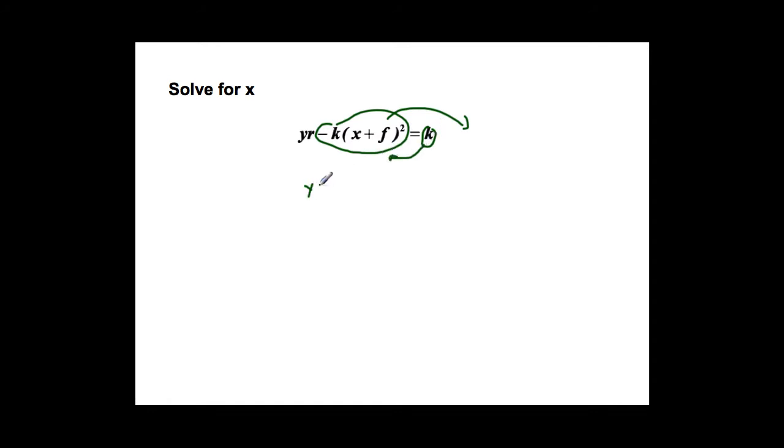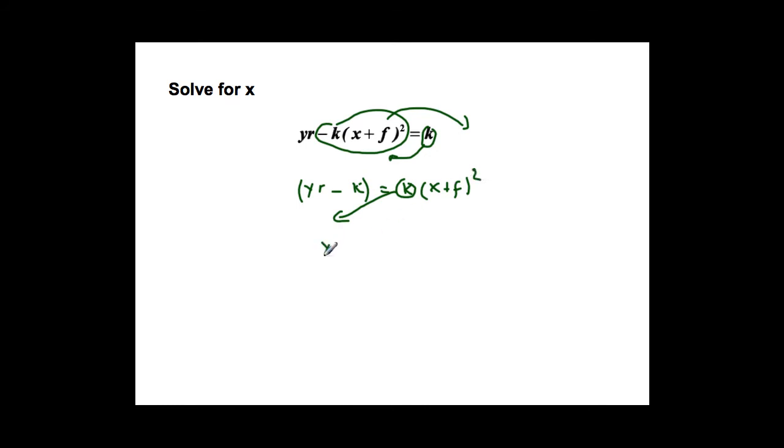So the first thing is I would have yr minus k is going to be equal to k times the quantity x plus f squared. I don't want to have to deal with this square root of k, so I think what we're going to do is think of this as one quantity, bring the k over, and then take the square root.